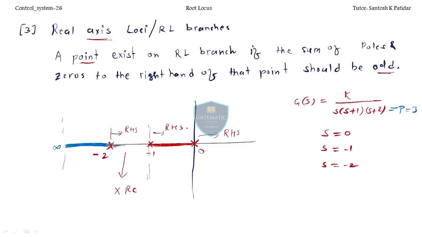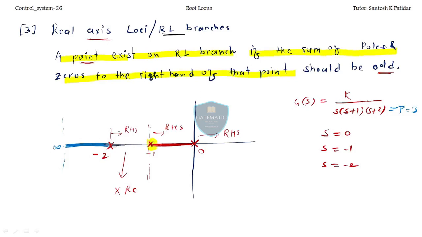The third rule was very important: real axis loci, the RL branches. How to find the RL branches? A point exists on the RL branch if the sum of poles and zeros to the right-hand side of that point is odd.